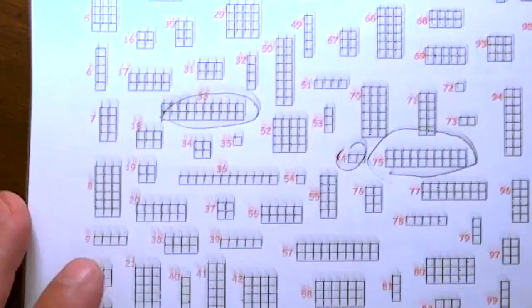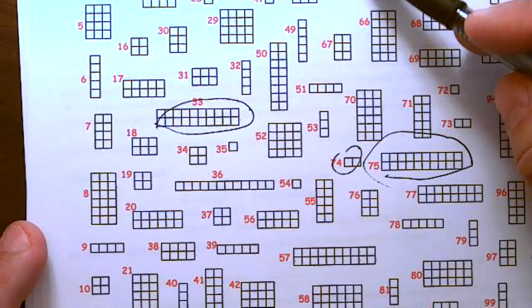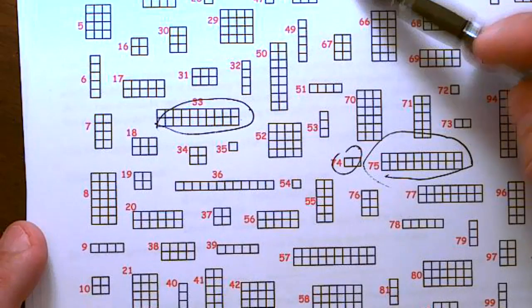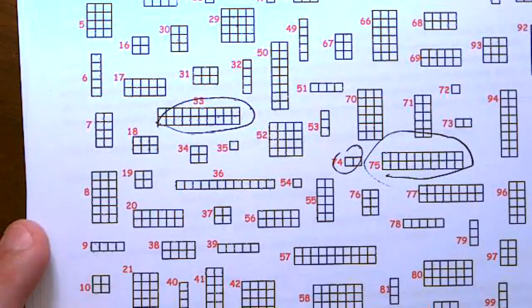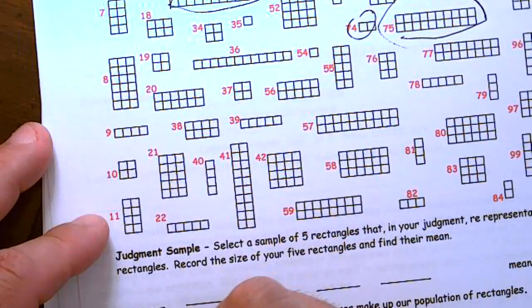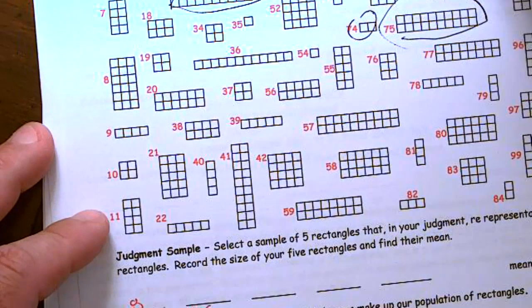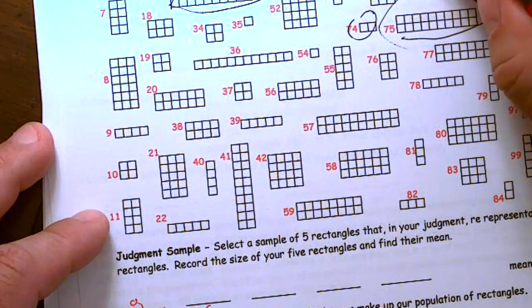I hope they're representative. And I'm going to add them all up. So if I do that, 1, 2, 3, 4, 5, 6, 7, 8. I chose number 62, and it had 8. I also chose number 65, and it had 10.